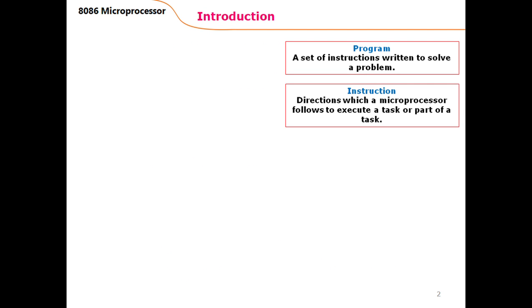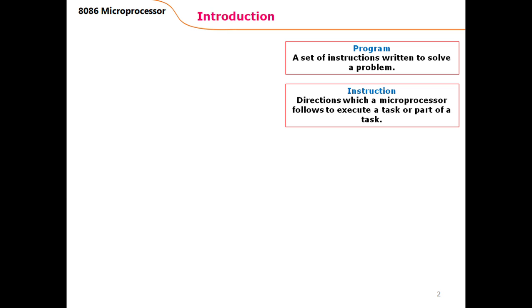Okay, so to begin with, a software program is a set of instructions written to solve a particular problem by the computer. Every application or program is a set of instructions. That set can be thousands or millions of lines of instructions that together solve a particular problem.